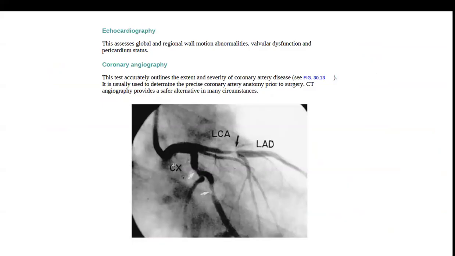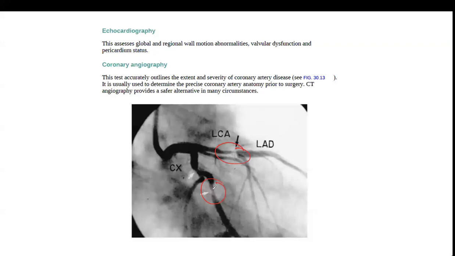In a coronary angiogram, they insert a catheter through the wrist or groin artery, guide the catheter into the coronary artery, and then put in a dye. The dye goes to all the branches of the coronary artery and can find out where exactly the block is and how much blockage there is.